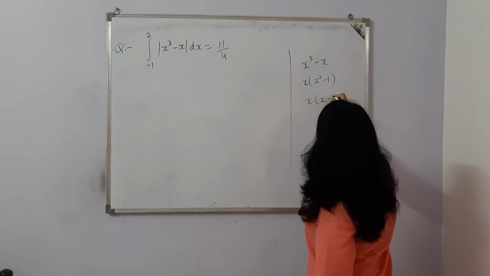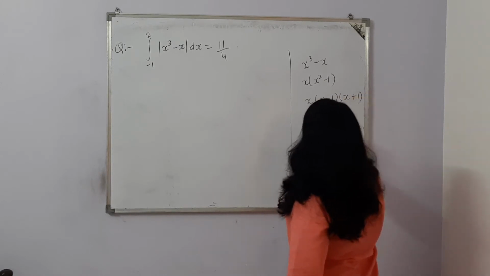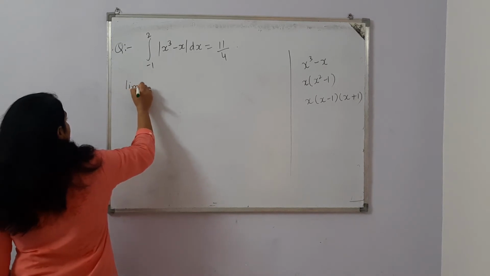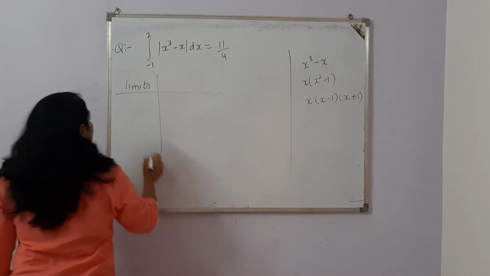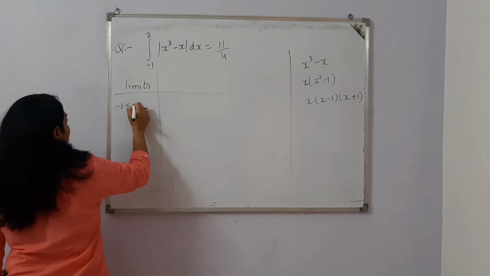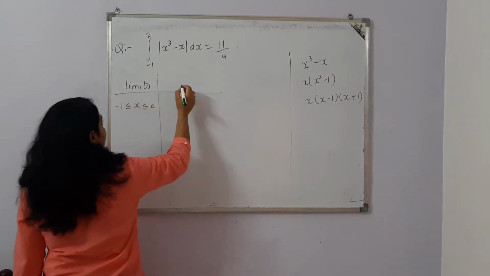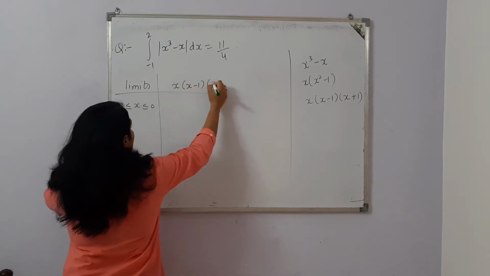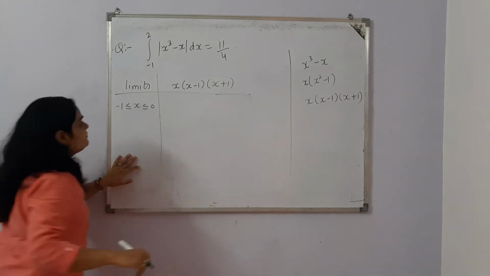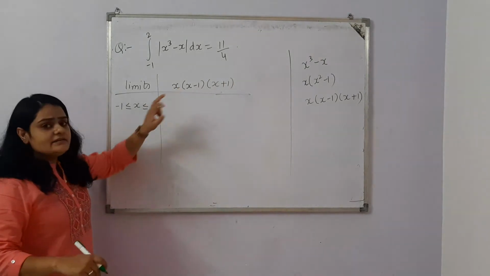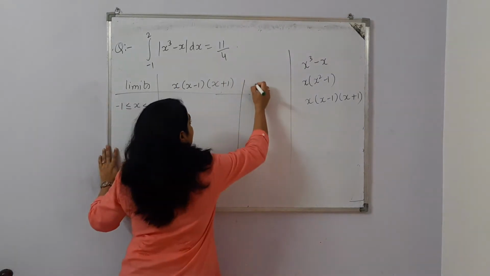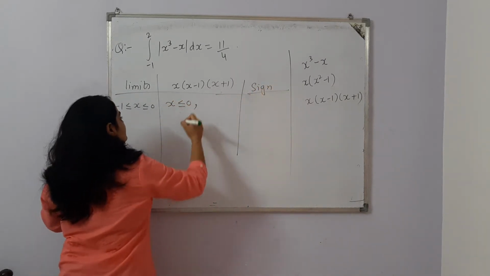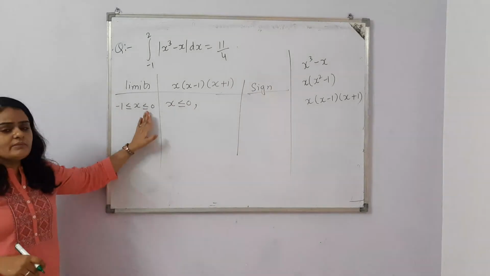x, x minus 1, x plus 1. Here the limits are minus 1 to 0. You know that x is less than or equal to 0 whenever x lies between minus 1 to 0.